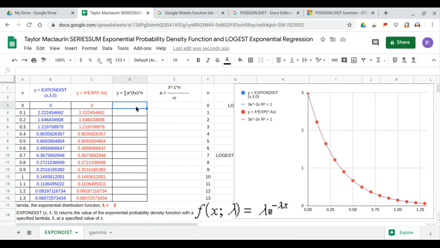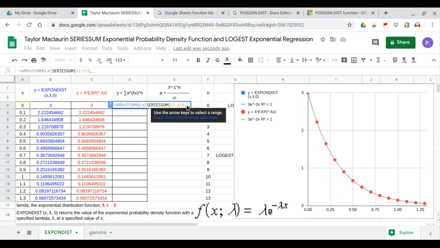Now we can enter the Taylor-Maclaurin series sum, which is an array formula, SERIESSUM of the x values, where the power, because there's lambda in it, we have to multiply this by lambda.